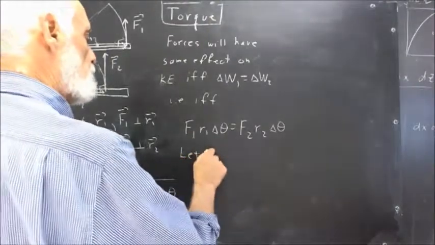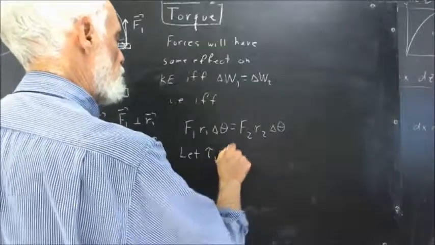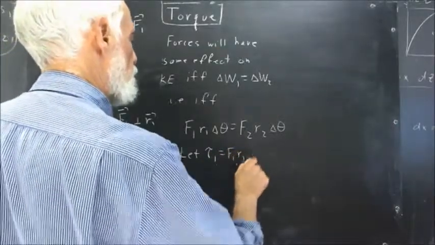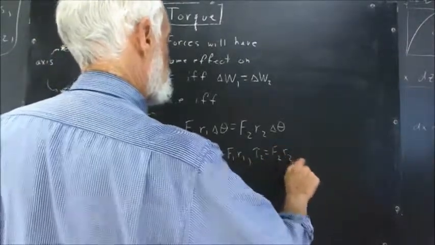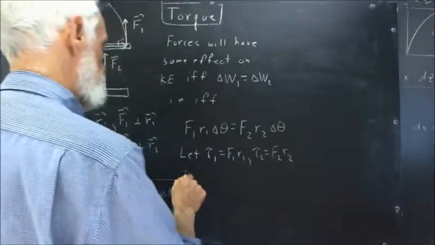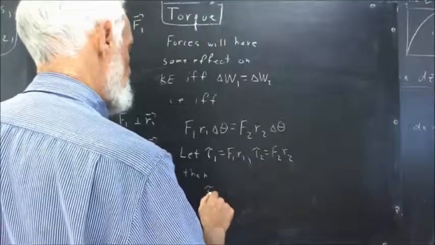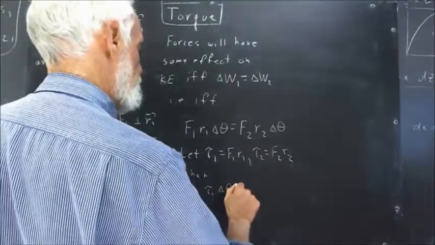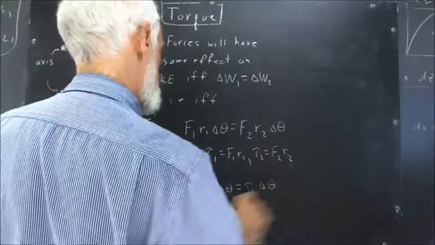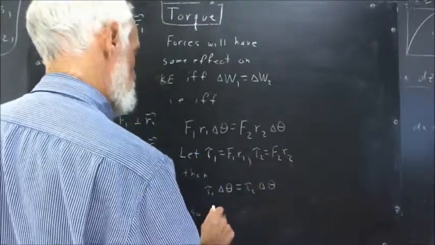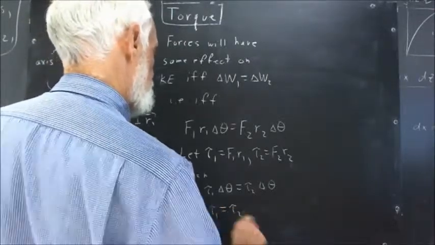Now, if we let tau 1 equal F1 R1, tau 2 equal F2 R2, then this equation becomes tau 1 delta theta equals tau 2 delta theta, so tau 1 equals tau 2.